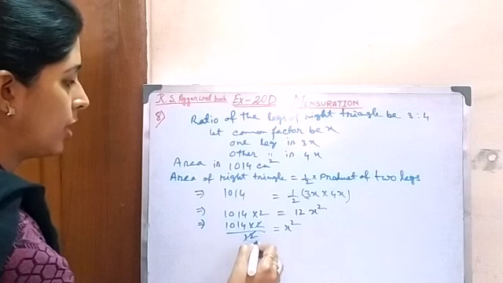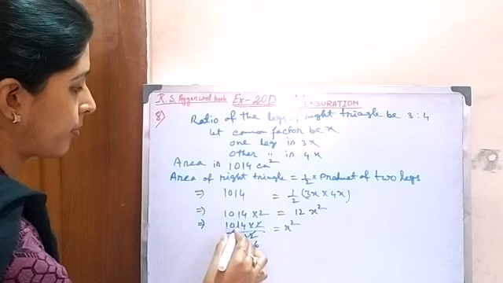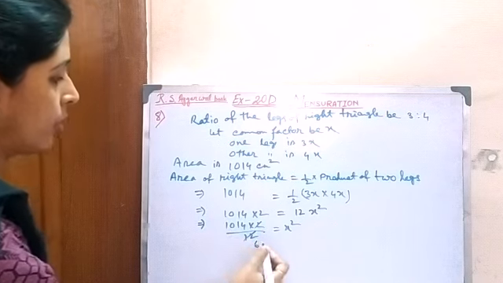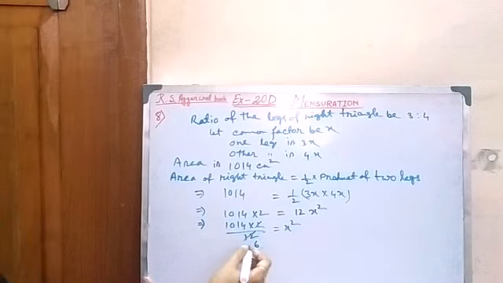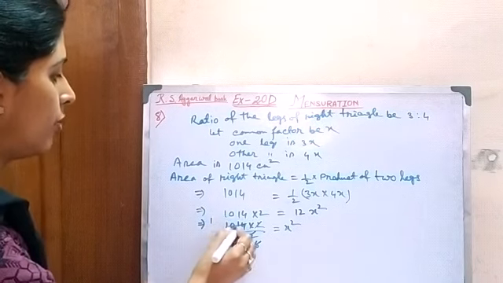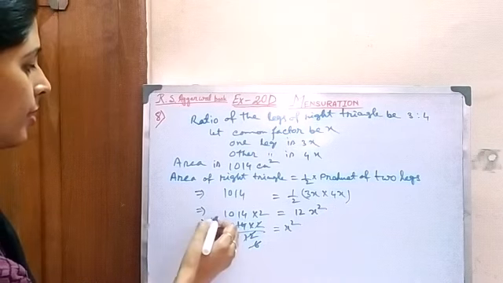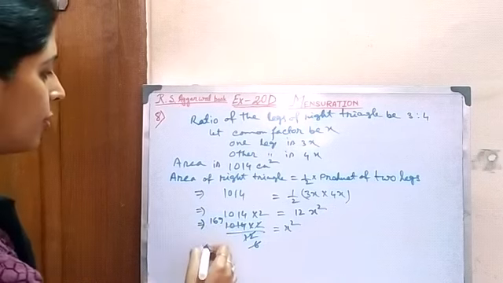Then by 2 it can be cut, then by 6 also this can be cut. 6 1s are 6, then 41, 6 6 are 36, then 54, 6 9s are 54.